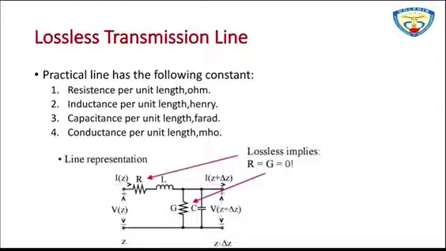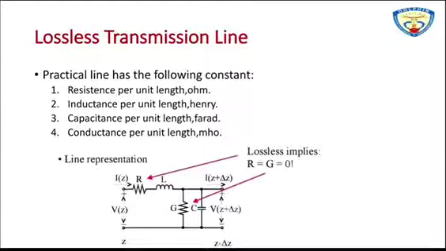Now the reason for the conductance is that the space between the two conductors is not a perfect dielectric material, so there will be some conductance. This conductance we show through G. R is the resistance, L is the inductance, C is the capacitance due to the distance between the two conductors.